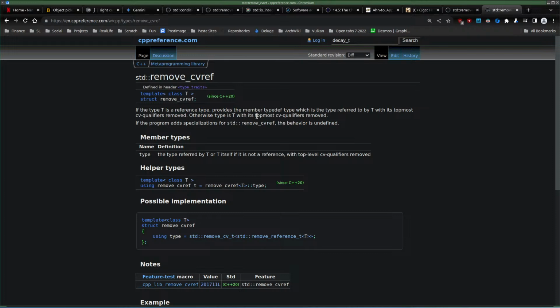Otherwise, if it's a reference, one reference is removed, and then the possible const and volatile are removed. If it is not a reference, then it removes the topmost const and volatile anyway.